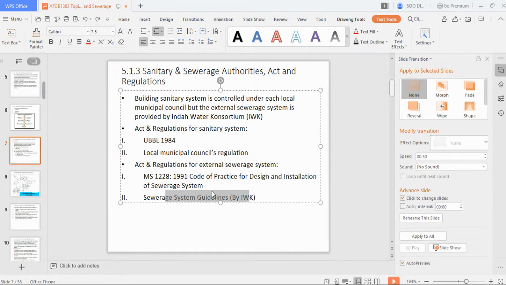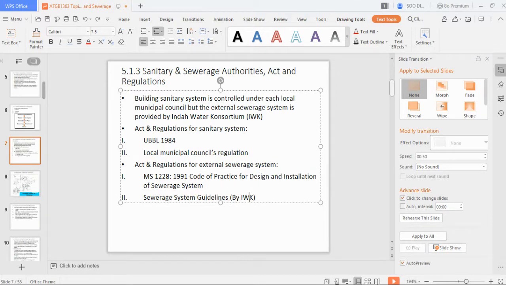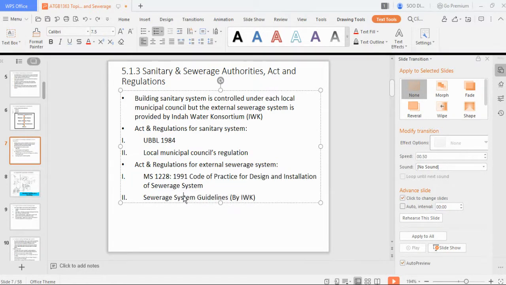Based on the population or how much the discharge of the waste is, they will also specify what sort of system the sewage treatment needs to be built. But this is more complex, which we won't go into. Just know that IWK already has a very detailed guideline on how to build a sewage treatment system.